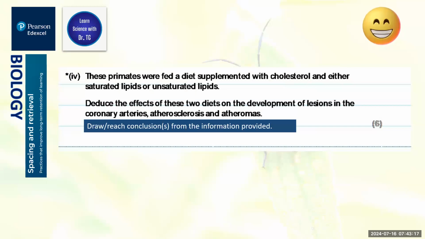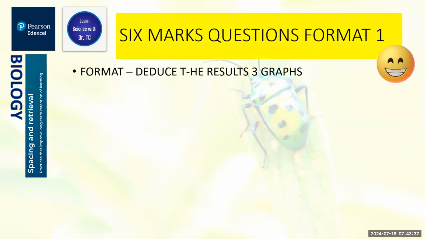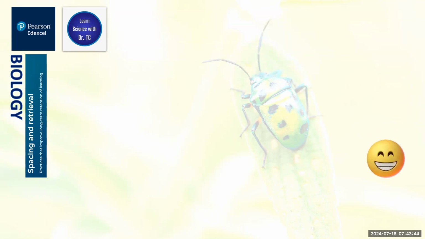You write graph 1, write the conclusion, graph 2, write the conclusion, graph 3, write the conclusion. Sometimes we have to make a final conclusion from all the results, comparing the 3 results. Here we don't need to make a final conclusion. This is the format to deduce the result of 3 graphs.